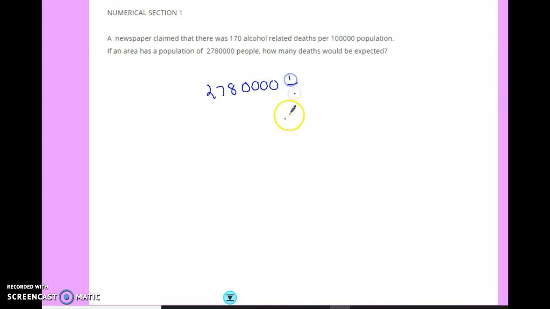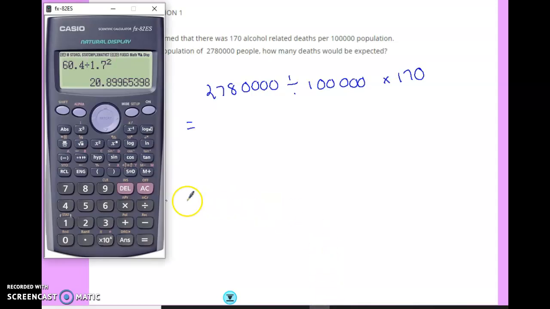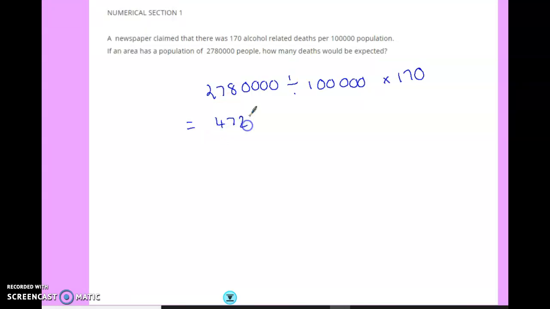So I'm going to take our 2,780,000, divide by 100,000, and times that by 170. I've missed out a 0. That should be 278,000. So that'll be 4,726.